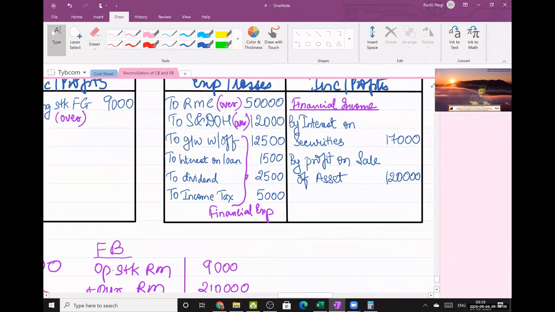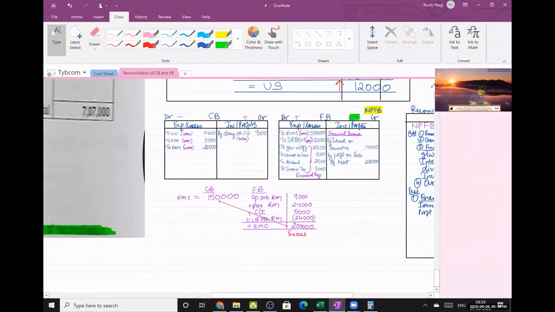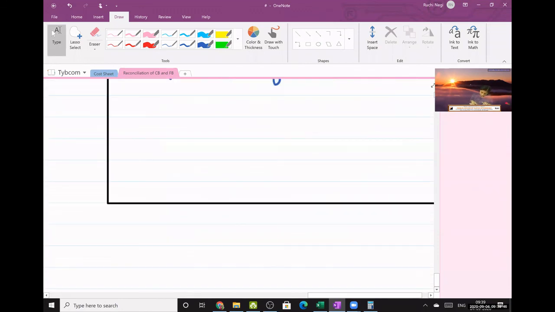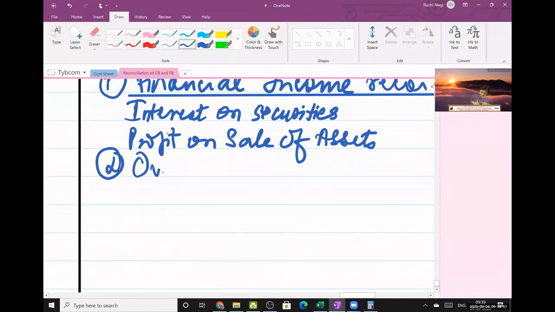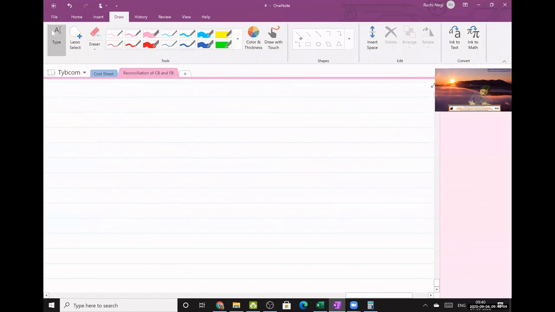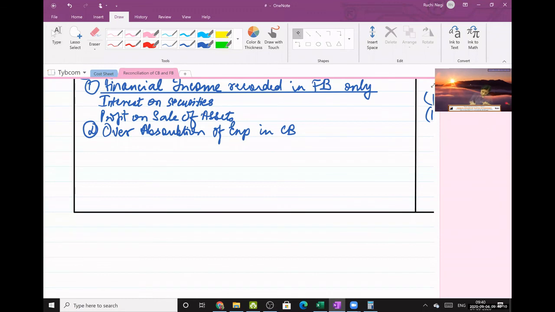Of which, yeah, excess of this, yeah, over absorption of direct wages, factory and admin overheads. So right here. Second one, common लिख दो, over absorption of expenses in cost of goods. Okay, so which one we have?